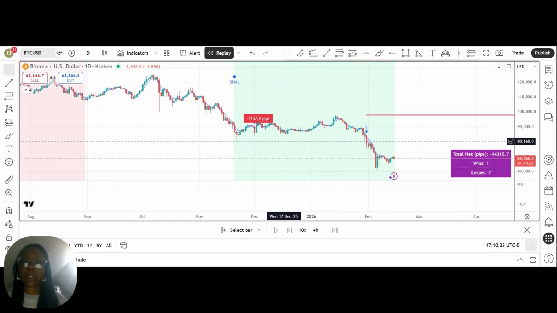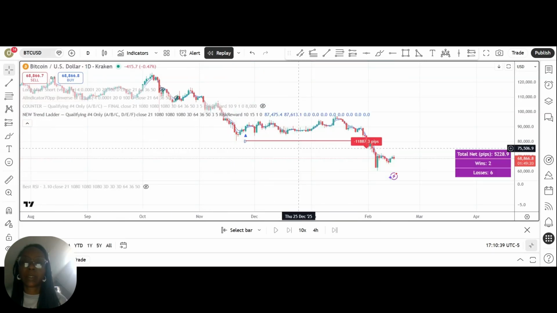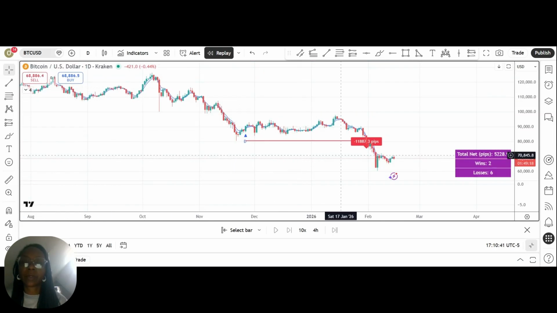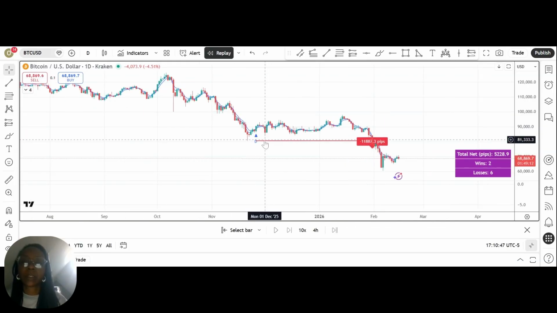So it is showing that it's going to go down a little bit more. We don't have anything telling us to come back in for a long. So yeah, this is how powerful this indicator is. It's helping you make your decisions on taking long or short entries.